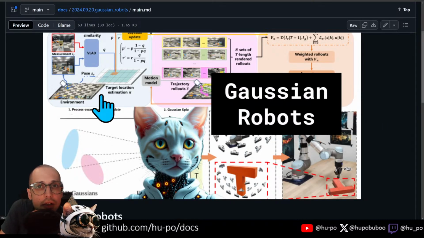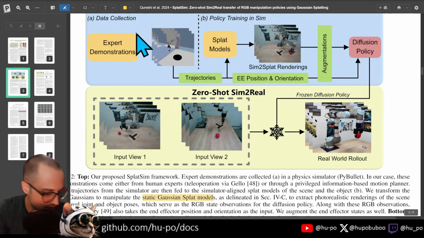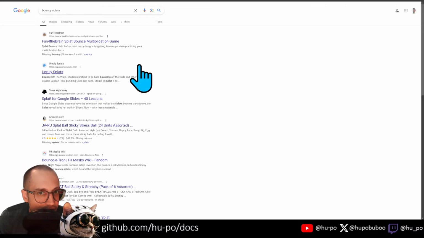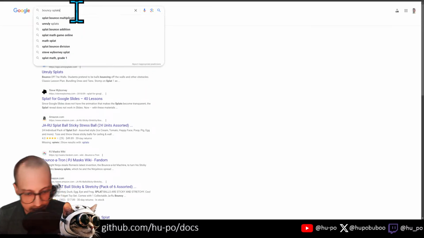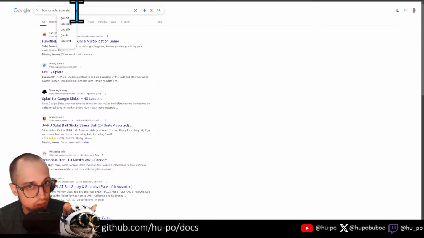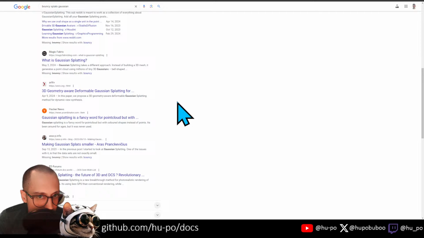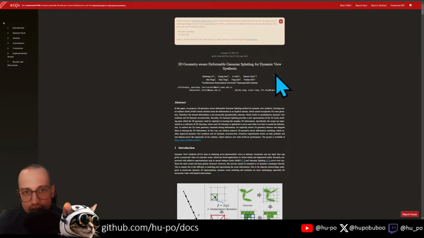Would I do a stream on how to incorporate physics into splats? Yeah, I think there have been some papers. What was it called? It's called bouncy splats. Bouncy splats Gaussian. Yeah, these ones.